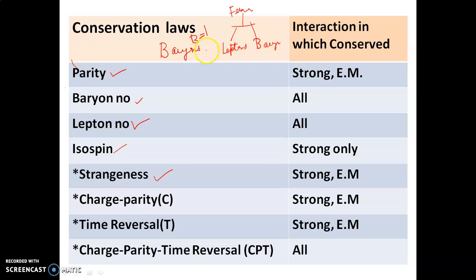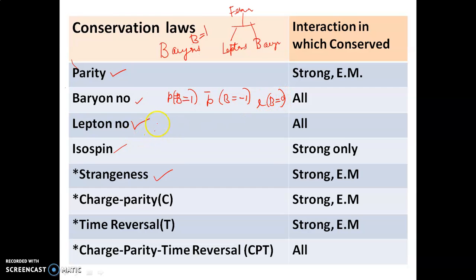For a proton B is equal to 1, but for an antiproton B is equal to -1. What about an electron? For an electron B is equal to 0 because an electron is not a baryon. So that is about baryon number.